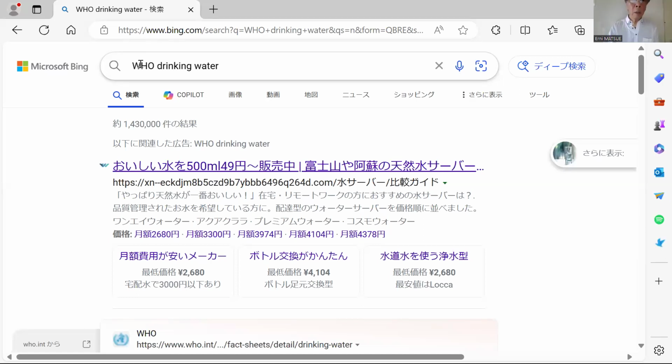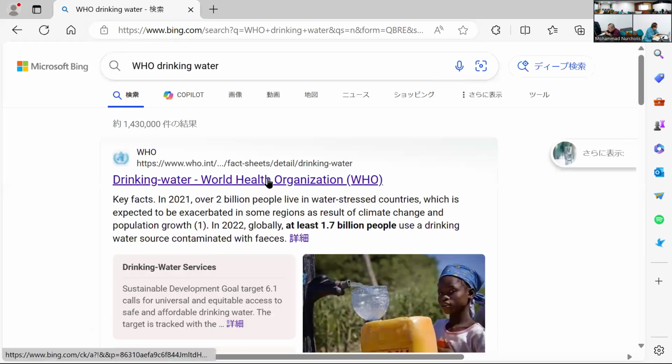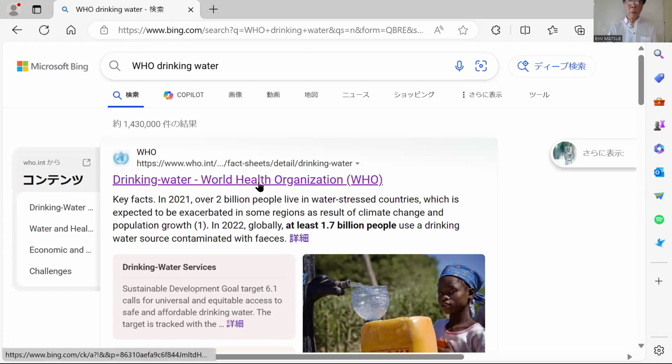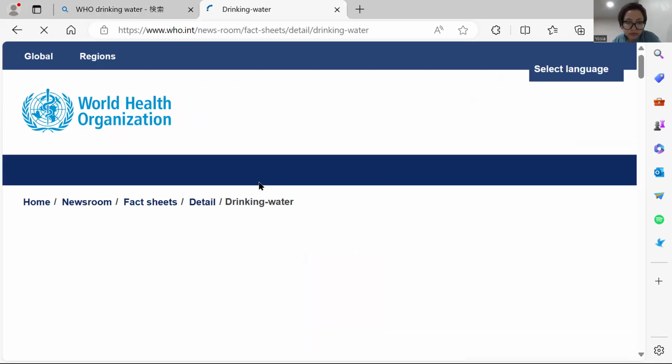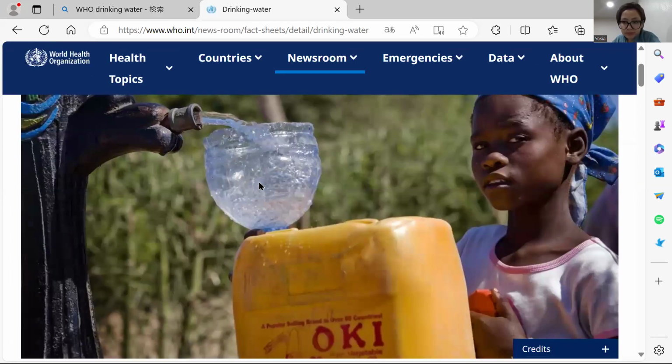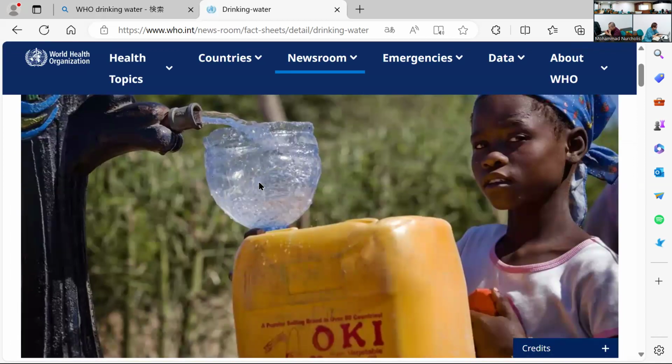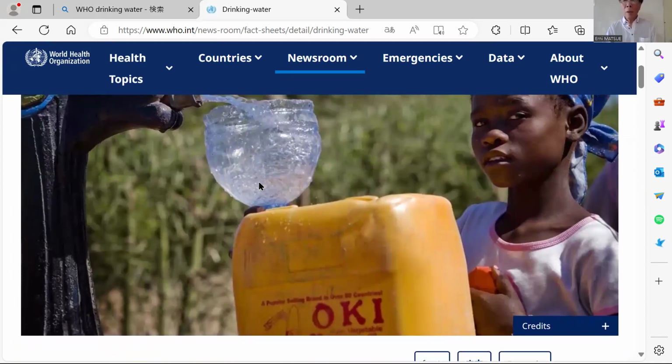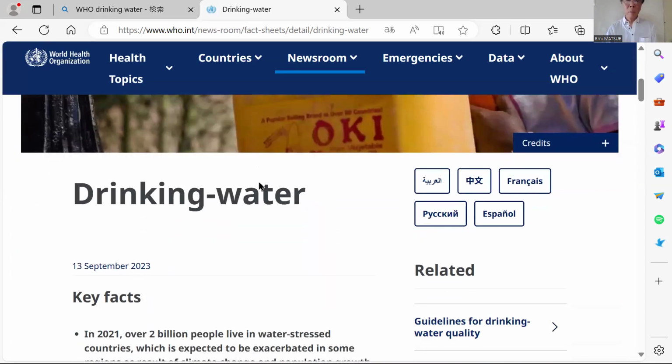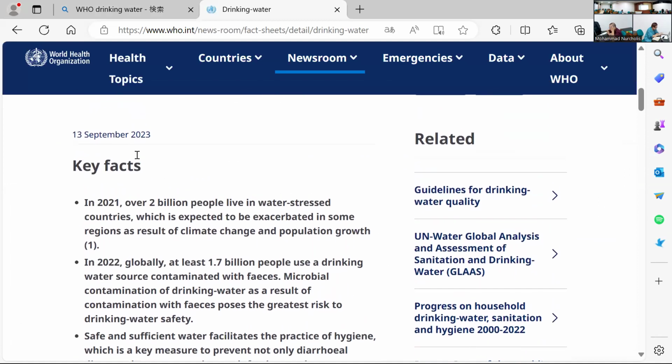The keywords are WHO, drinking water. Then you can find this page very easily.